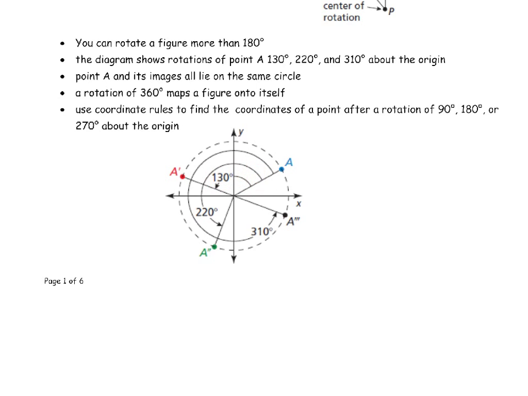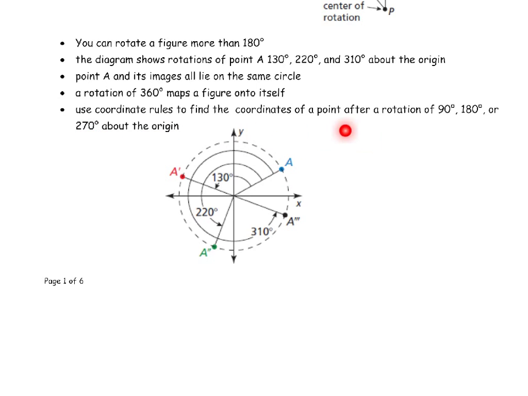So that's 130 degrees, and that's 220 degrees, and then that's 310 degrees, about the origin, which is the point in the middle. Point A and its images all lie on the same circle. A rotation of 360 degrees maps a figure onto itself again.